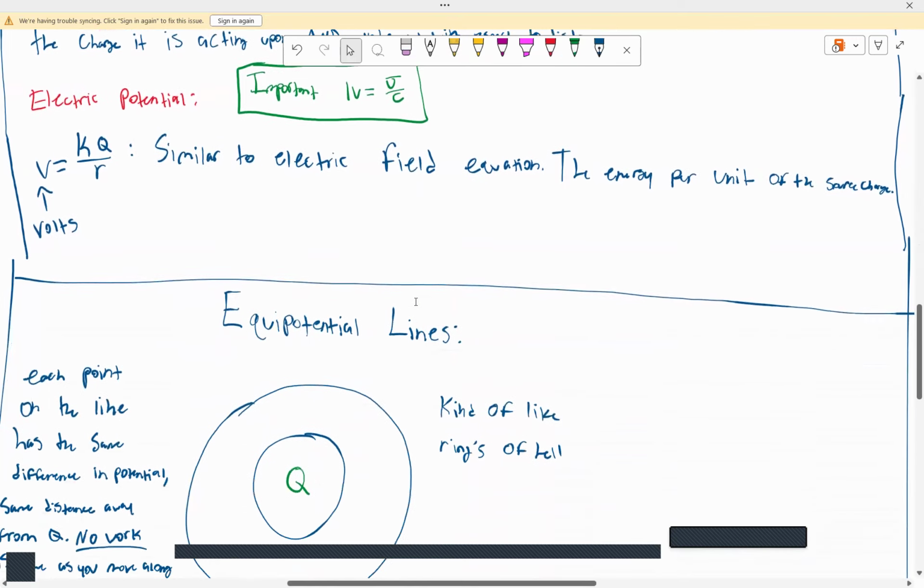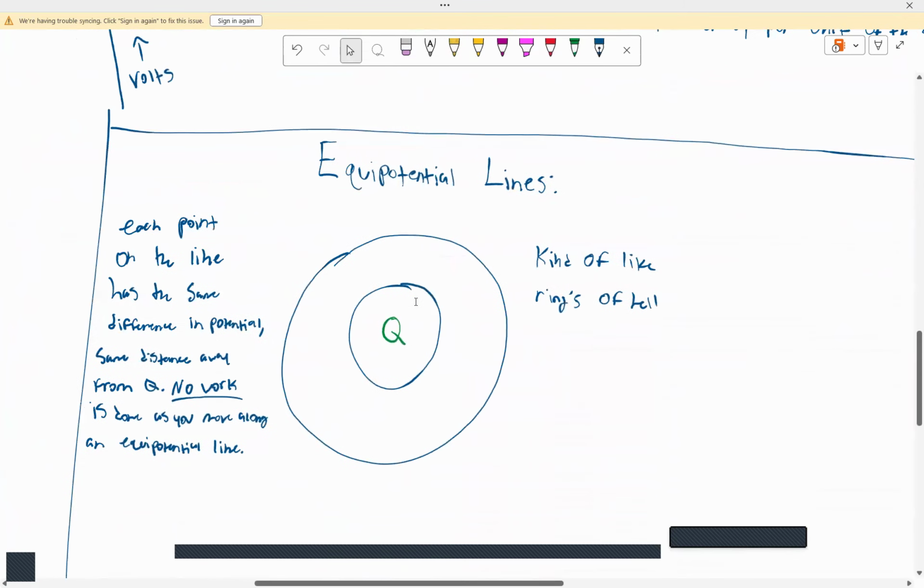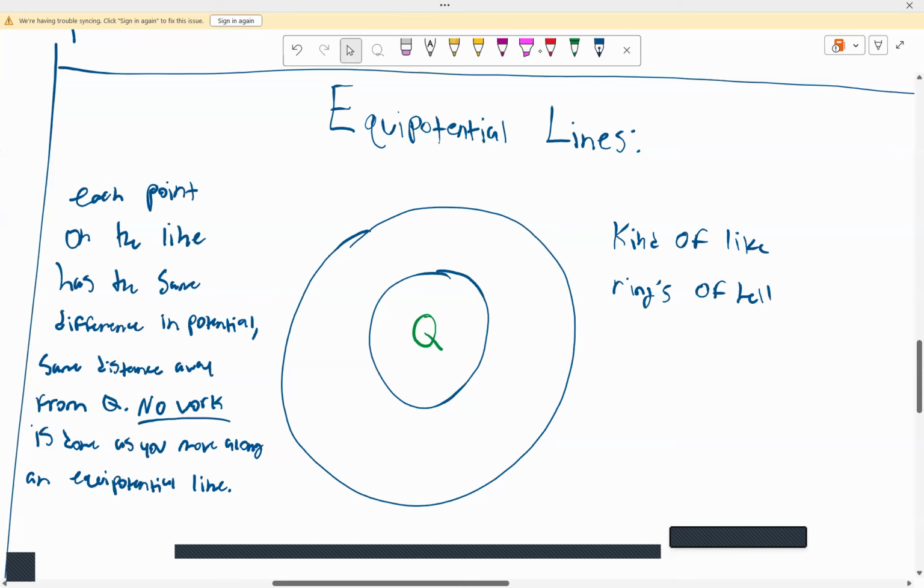And it's in volts. Now we're going to go over equipotential lines too. Each point on the line has the same difference in potential. If you look at some charge here compared to here, they're going to have the same difference in potential because they are the same distance away from Q. You can think of it as a circle: one point on a circle versus another point on the same circle is the same because it has the same radius.